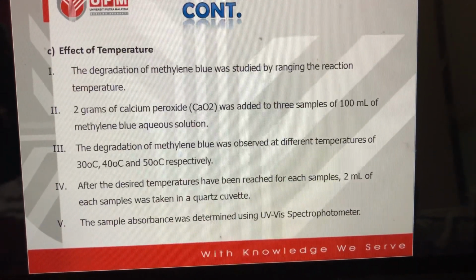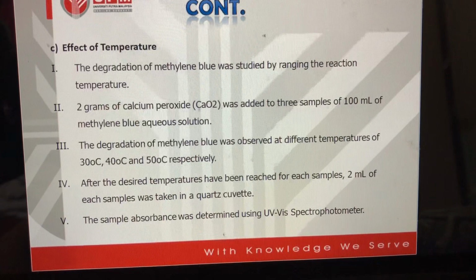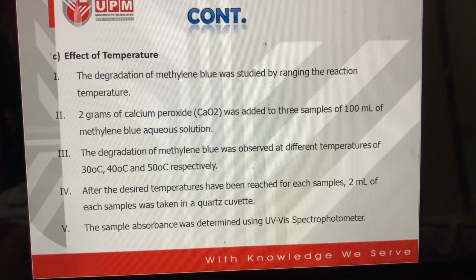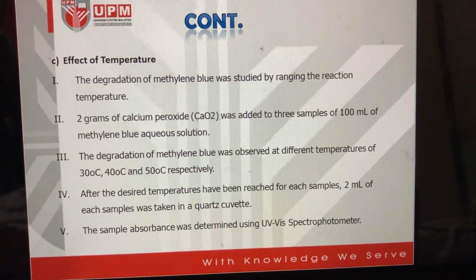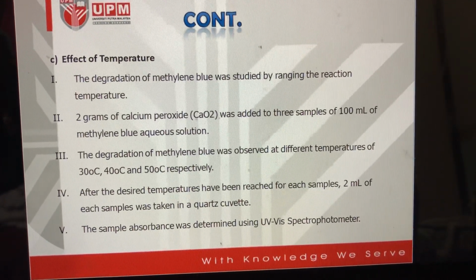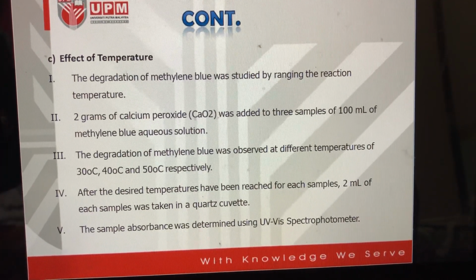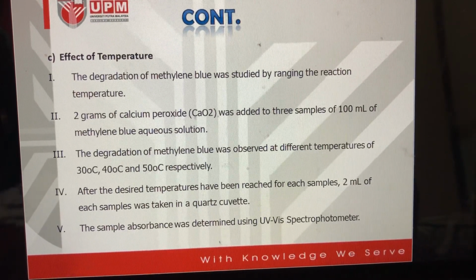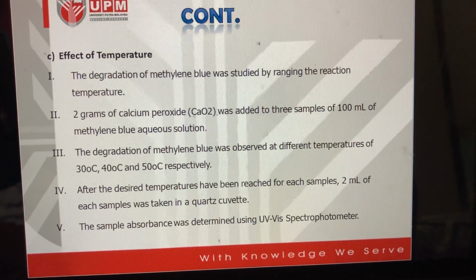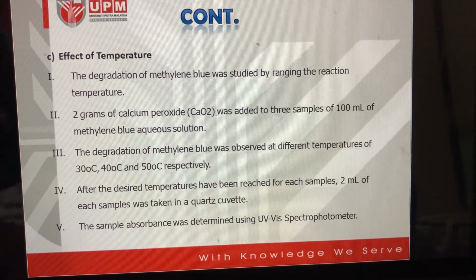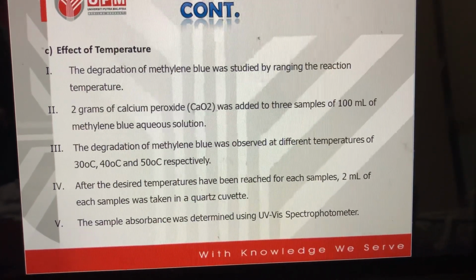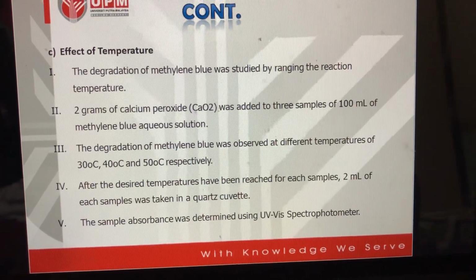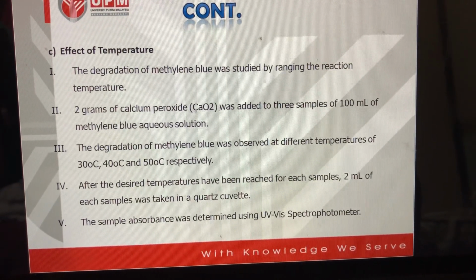The last parameter to be investigated is the effect of temperature. The degradation of methylene blue was studied by varying the reaction temperature, and 2 grams of calcium peroxide was added to the 3 samples of 100 ml of methylene blue. The degradation of methylene blue was observed at different temperatures of 30 degrees Celsius, 40 degrees Celsius and 50 degrees Celsius.